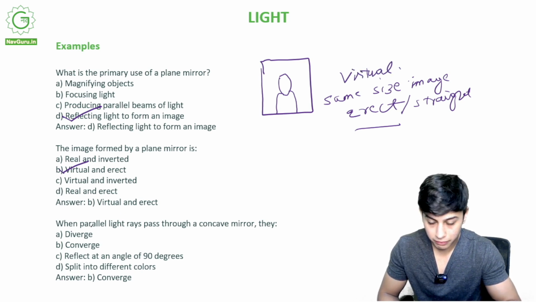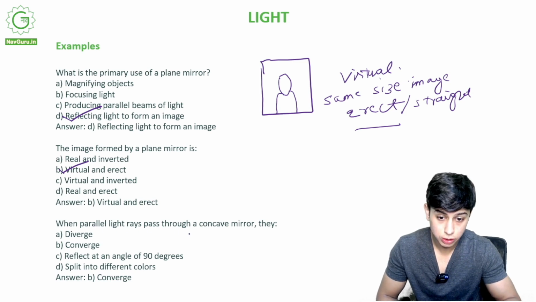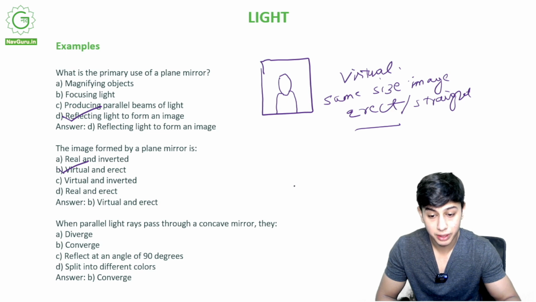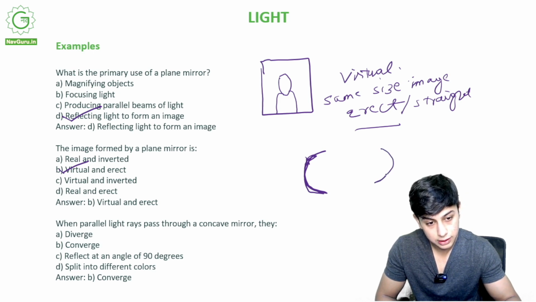When parallel light rays pass through a concave mirror, if you remember a concave mirror, it is bulging inside, not outside, it is bulging inside like a C. A convex mirror would be like this.